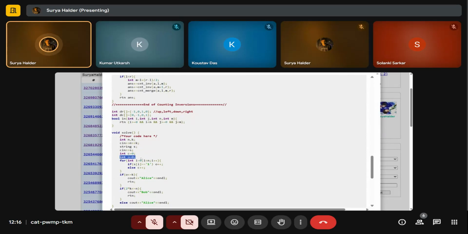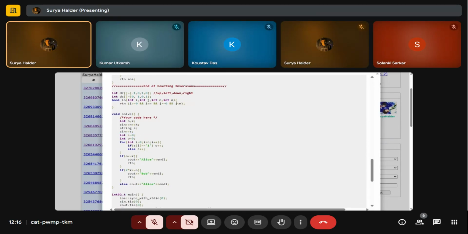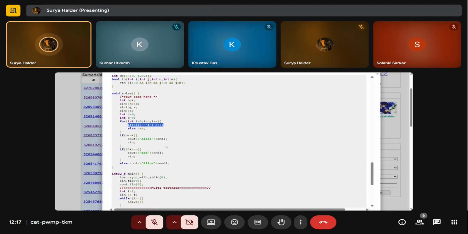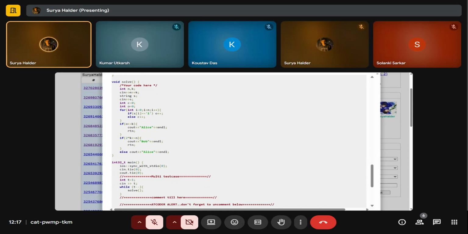O is counting the number of ones. Although the count of the number of zeros was not required. So if it is 1, then 1 plus plus. If the number of ones is less than or equal to k, then directly Alice will win in the first move. If it is not so, and if 2 into k is less than or equal to n, then Bob will win, else Alice will win. Is this code clear?